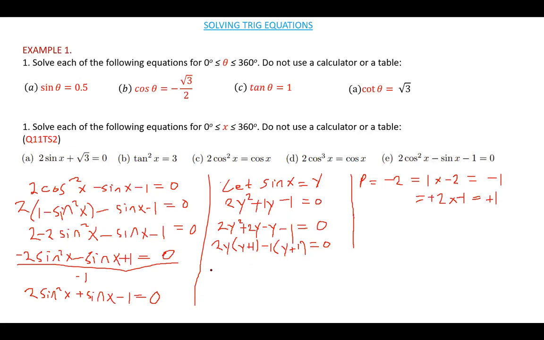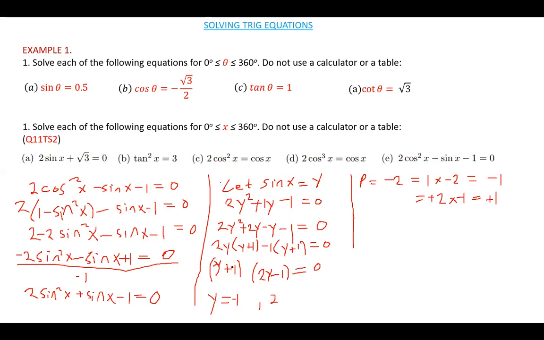So this is y plus 1 in brackets like that. And then this side you have your 2y minus 1. You also put it in brackets like that. So you now say either y plus 1 is equal to 0 or 2y minus 1 is equal to 0.